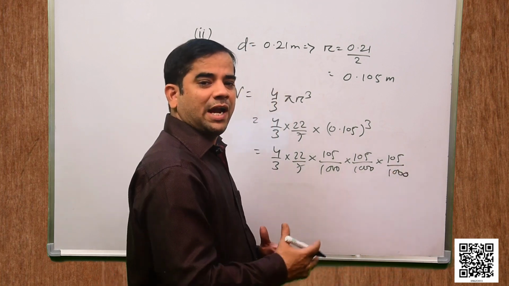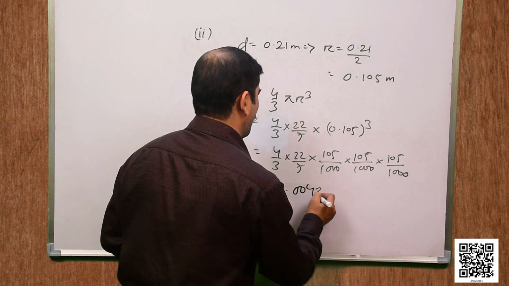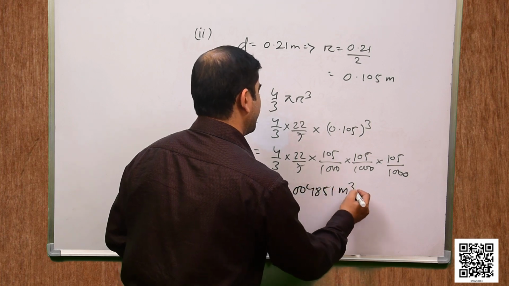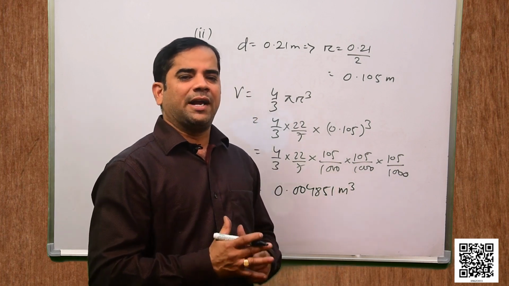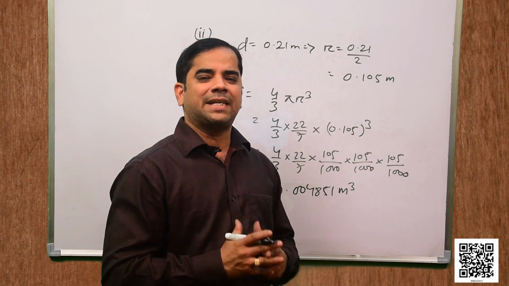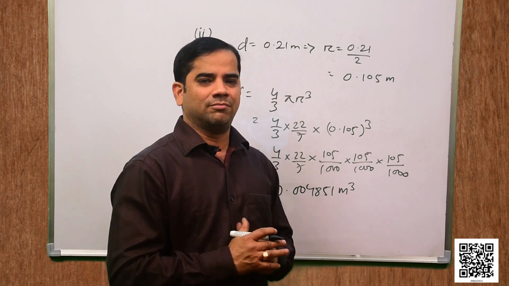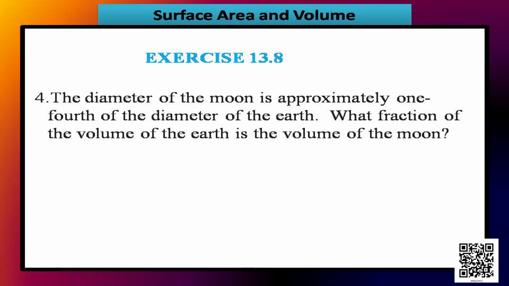When we calculate, we will get a value equal to 0.004851 meter cube. So, this is the volume of the sphere. Hence, this amount of water gets displaced by the spherical ball. Hope you understand.